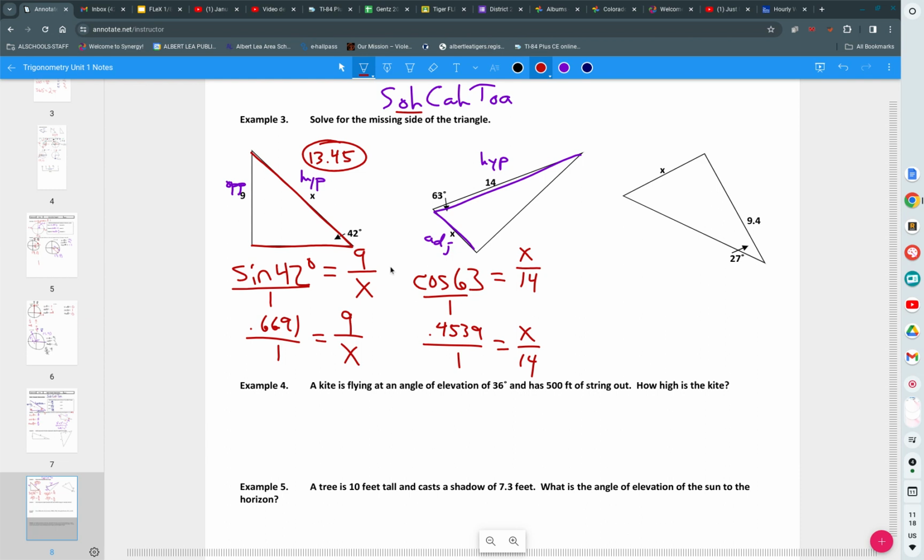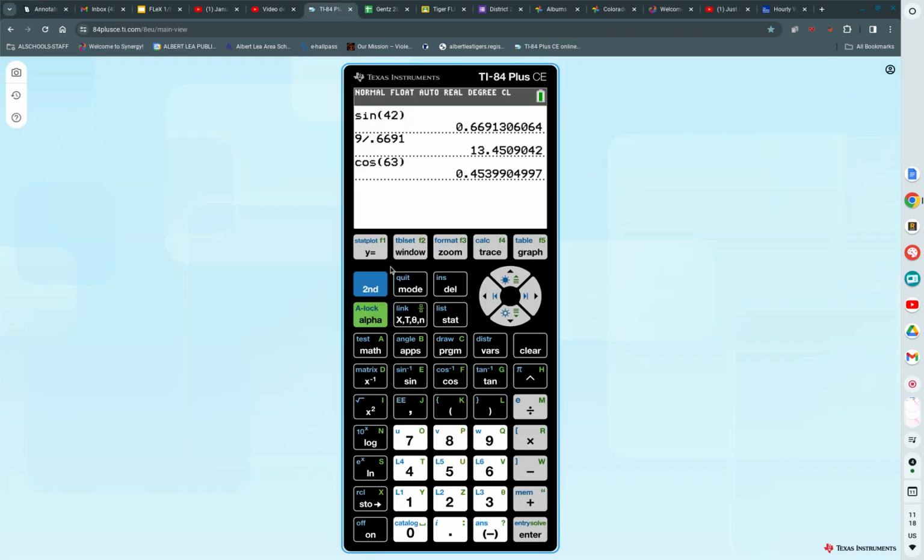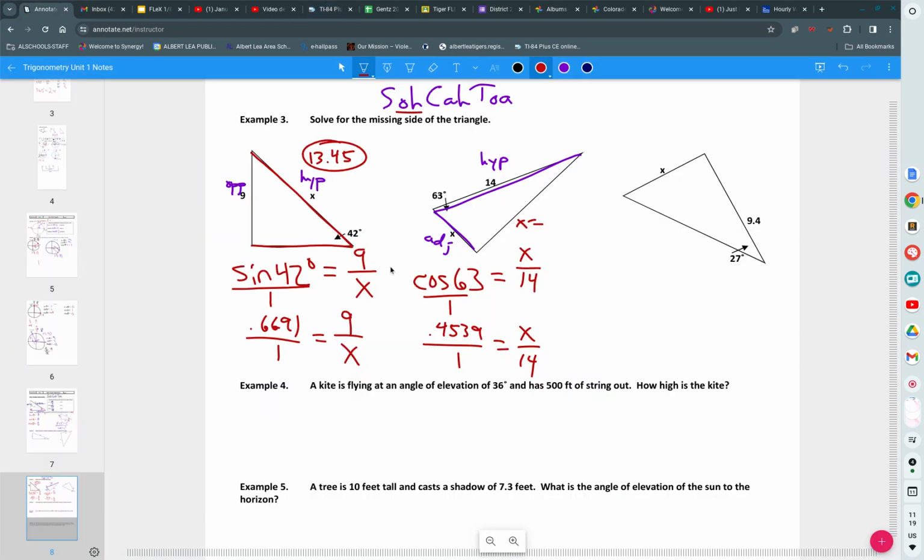I cross multiply, x times 1 is x, and then I get 14 times 0.4539, and I get 6.35.